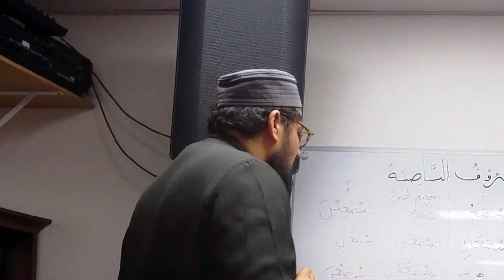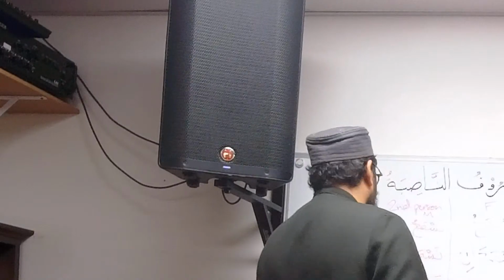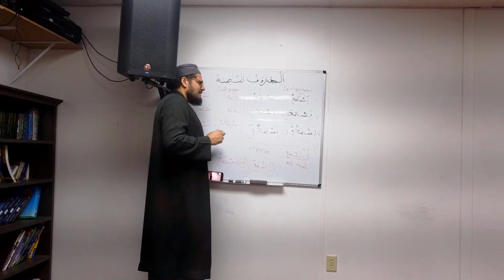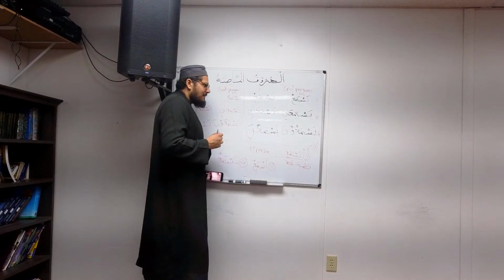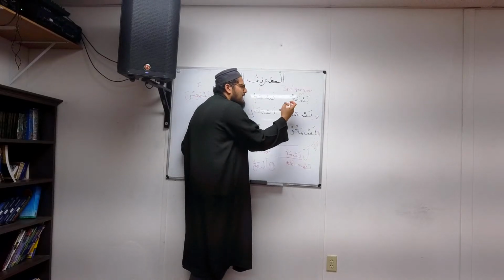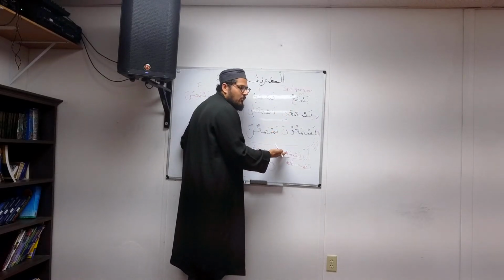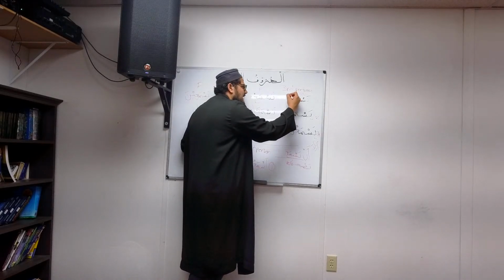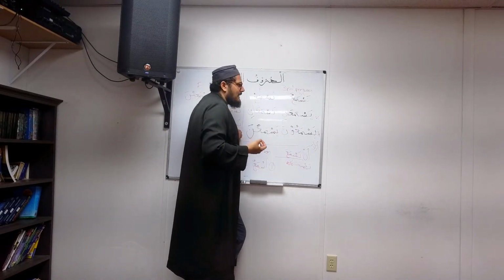Right. Let's look at all of the rest of the present tense verbs that happen to end in dhamma. Where are they? The first person having a Yasma'u ends in dhamma. In the nasab state, we said it would become what? So that, in the nasab state, that dhamma will turn into a fatha.